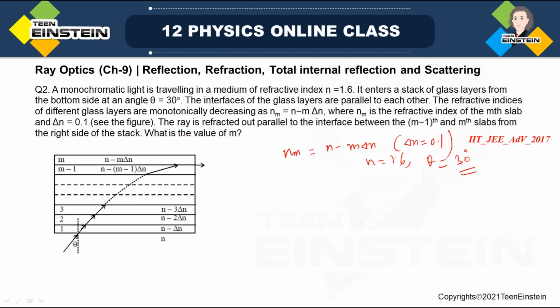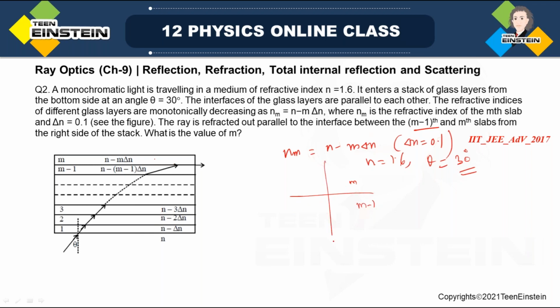Now the question is, the ray is refracted out parallel to the interface between the m minus 1 and mth slab. See this, there is an interface at this place. This is the mth one and this is the m minus 1 interface.